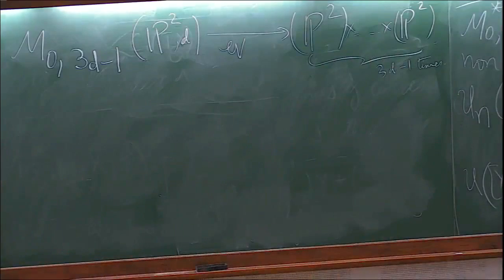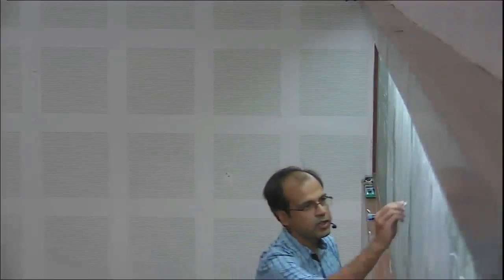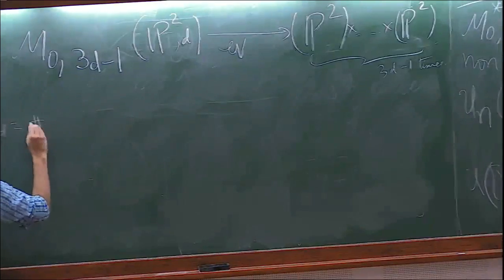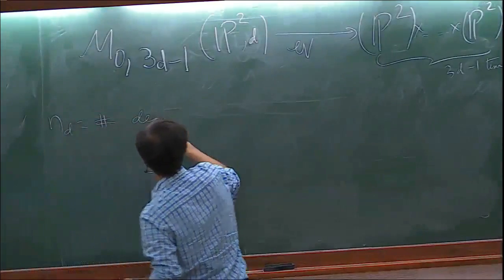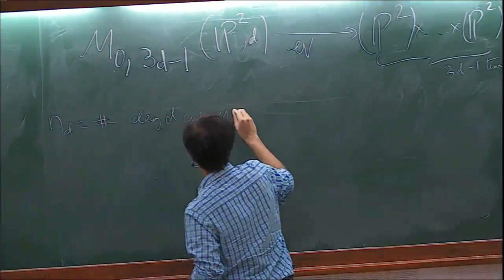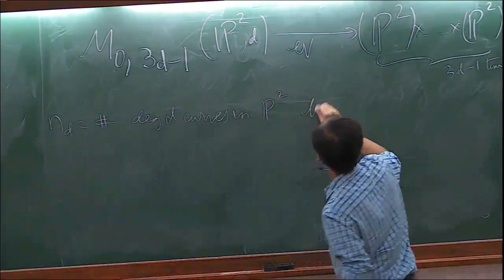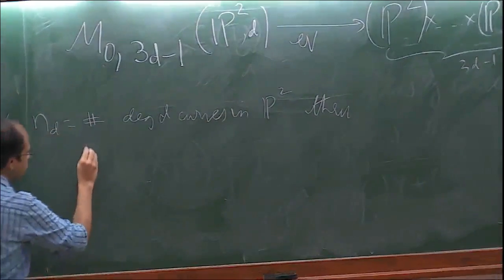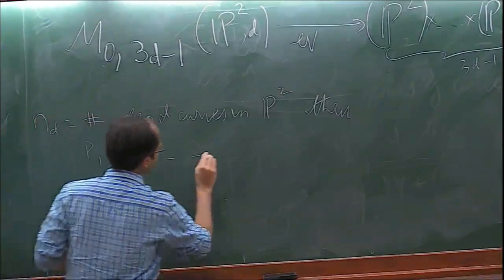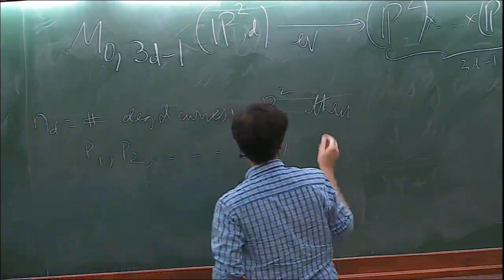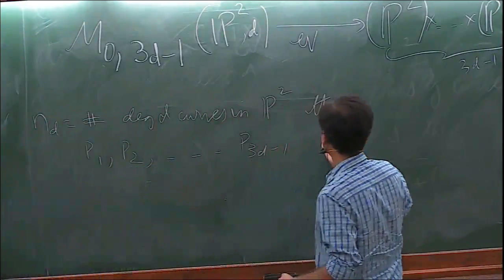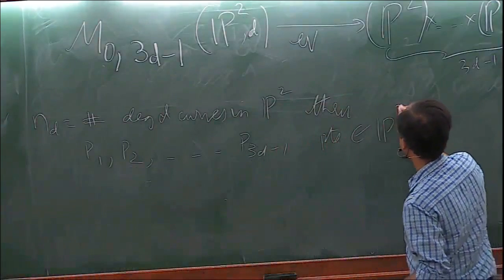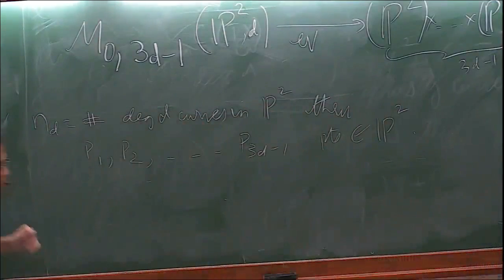Okay. So now let me rehash that question. N_D is the number of genus 0 degree D curves in P2 through 3D minus 1 points. Let me give them some names: P1, P2, up to P_{3D-1}, through these points. So these are points in the target. Okay.